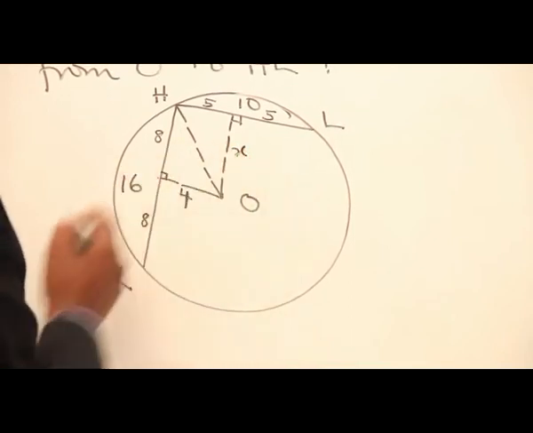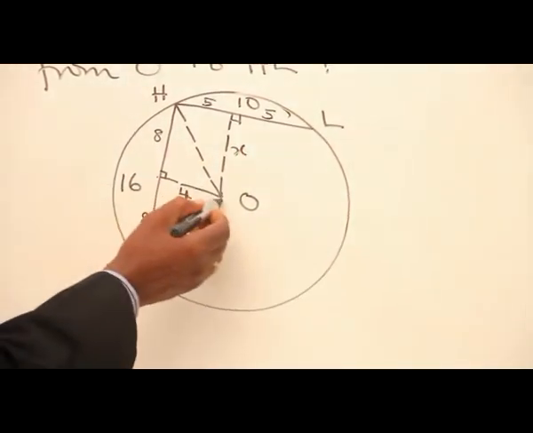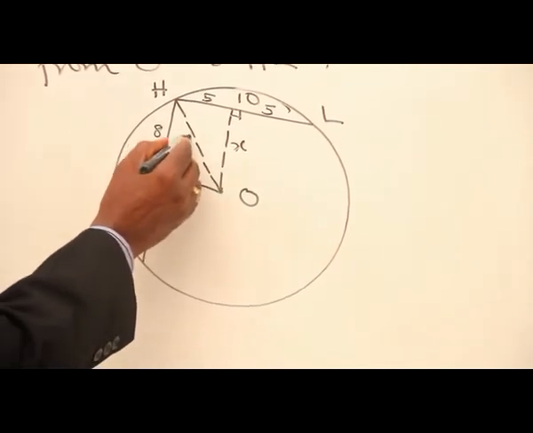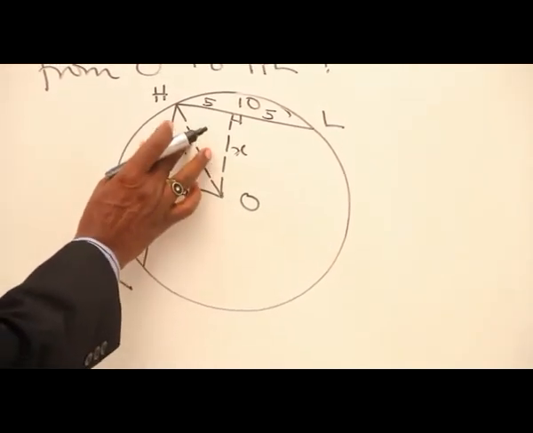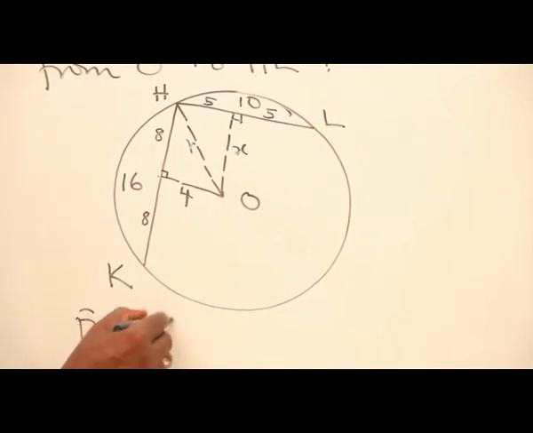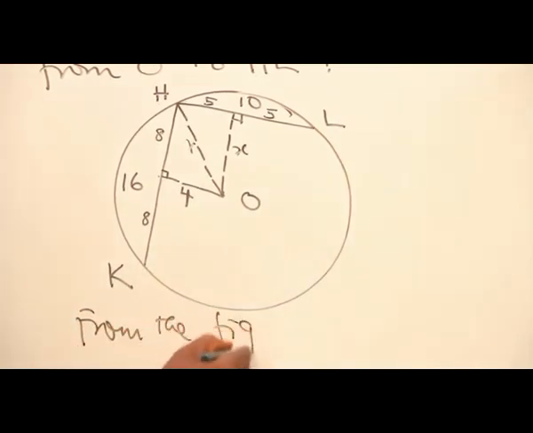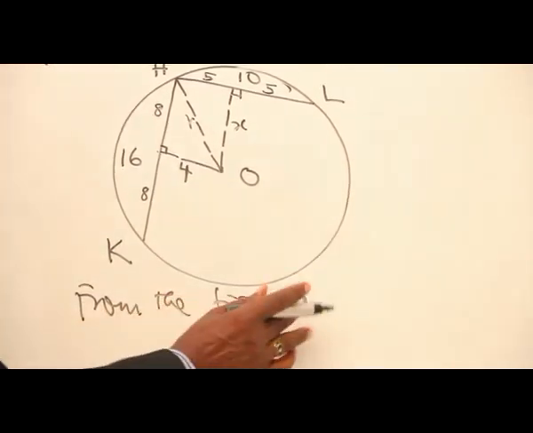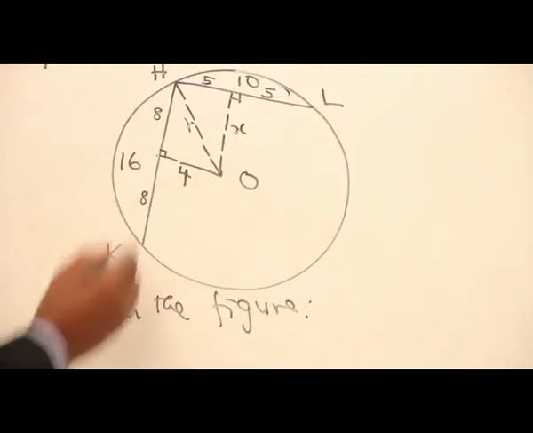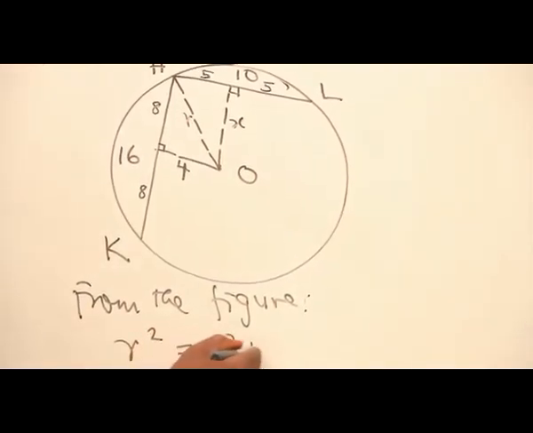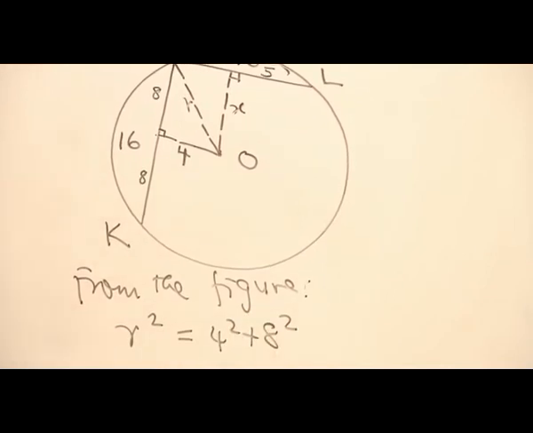Let's call it S. Now let's call the radius of the circle R. So from the figure, you see that R squared is equal to 4 squared plus 8 squared.